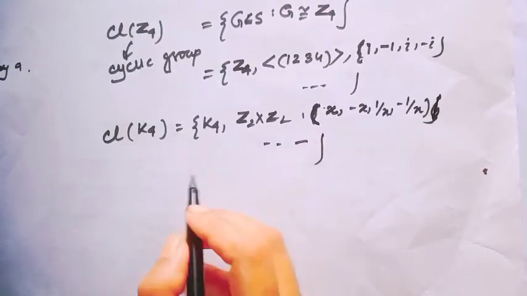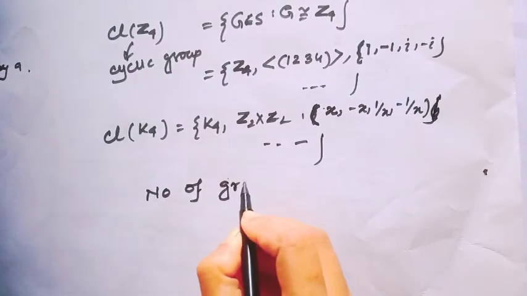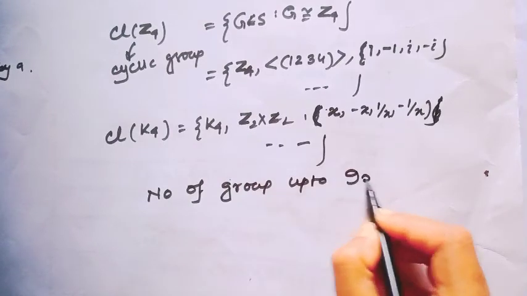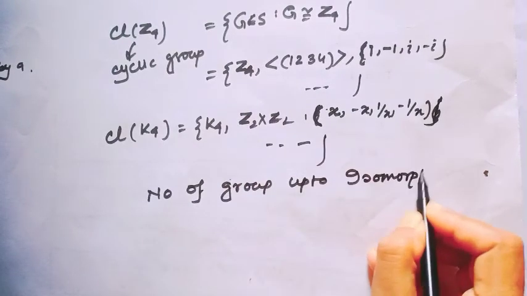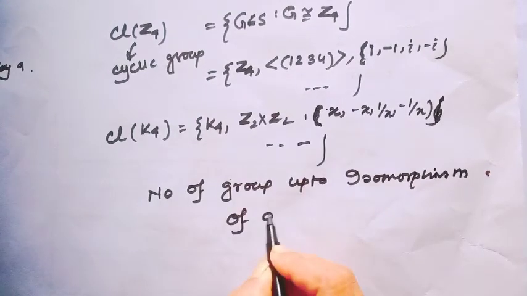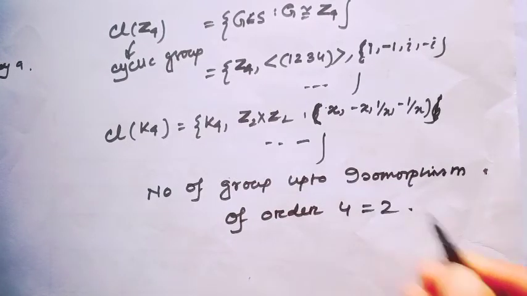That means the number of groups up to isomorphism of order 4 is 2. Are you getting it?